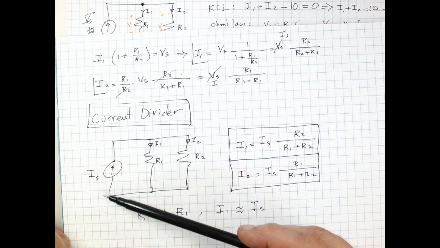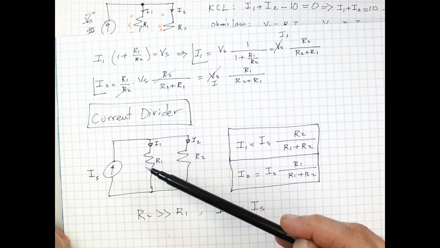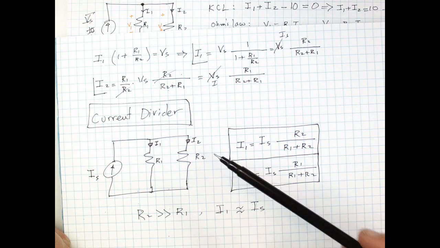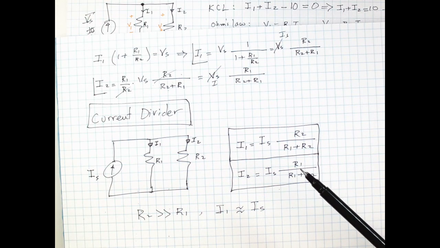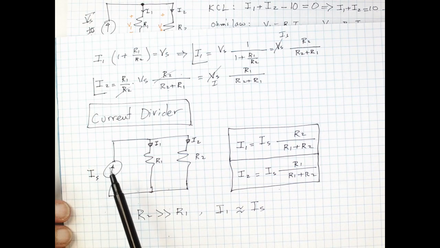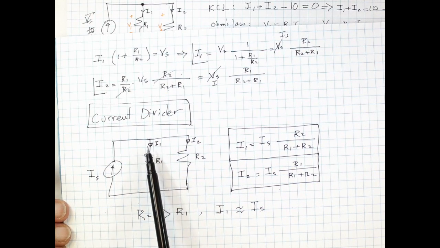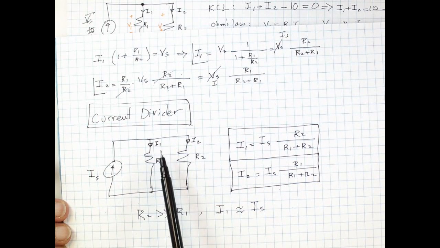So current likes to flow in the smaller resistor. And that makes sense because a resistor resists the flow of electricity. So this current wants to divide. Which way is it going to go? Well, it's going to go in the resistor that provides the least resistance. So most of it is going to go through the smaller resistor.